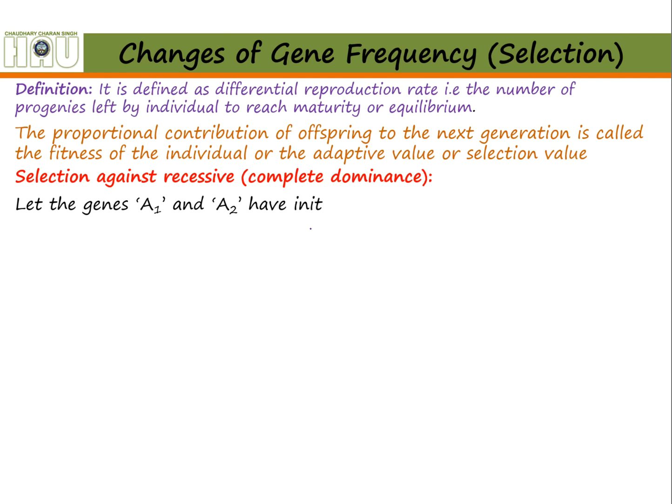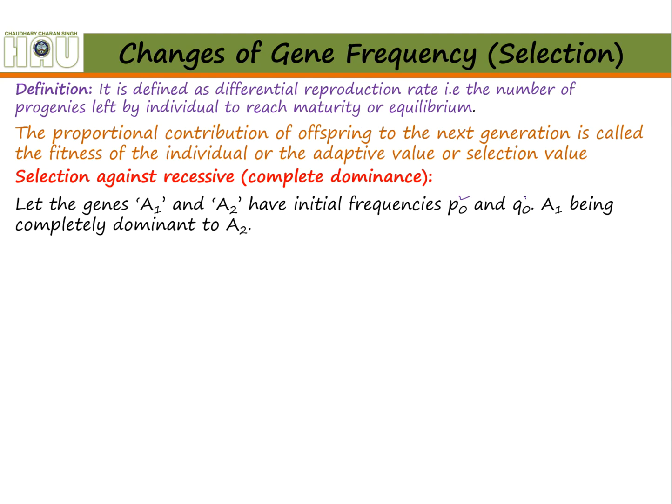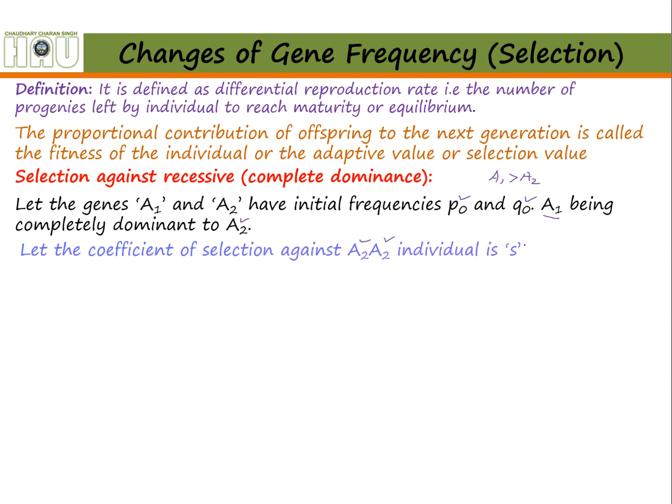Let us suppose that we have two genes A1 and A2, with initial frequencies P0 and Q0, and A1 being completely dominant to A2. Now let us suppose the coefficient of selection against A2 is S. This is the selection value, fitness value, or adaptive value.